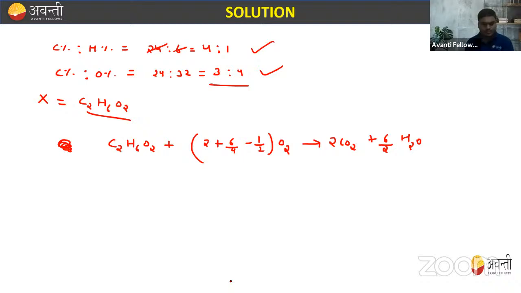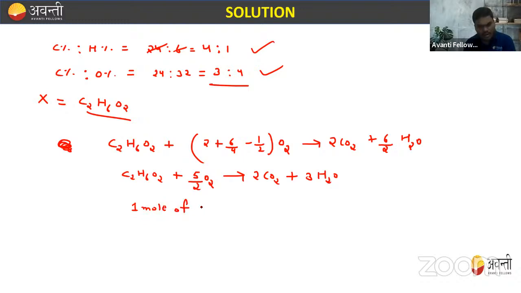So on solving, what you will get, beta? That is C2H6O2 plus 5 by 2 mole of O2 will give 2 mole of CO2 plus 3 mole of H2. ठीक है? 2 mole of CO2 plus 3 mole of H2. So we can say that now 1 mole of C2H6O2 required 5 by 2 mole of O2. ठीक है?